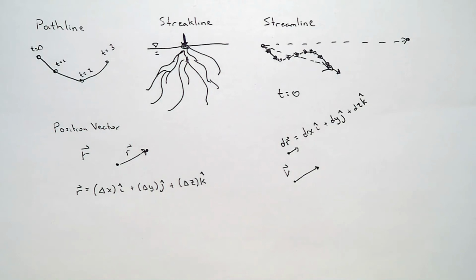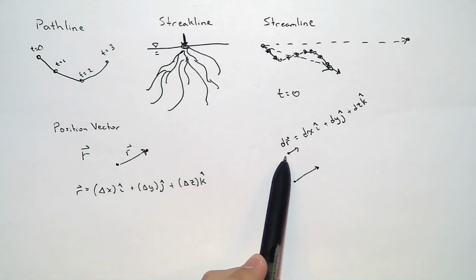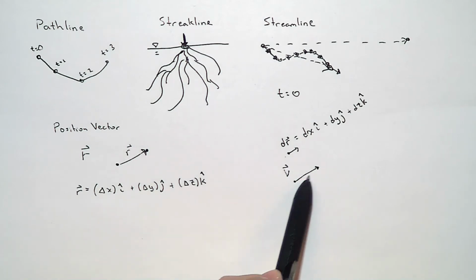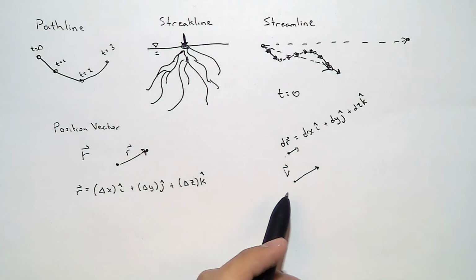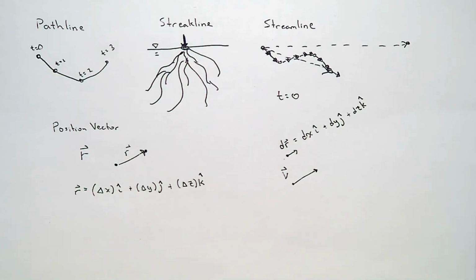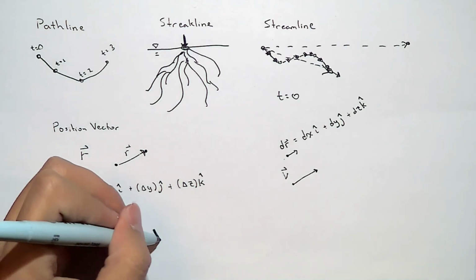What is the cross product of two vectors that are parallel? Zero, right? So now if my position vector is small enough that it actually describes the motion of the velocity correctly, then what I can say is that the cross product of these two vectors, my position vector and my velocity vector, is simply 0.